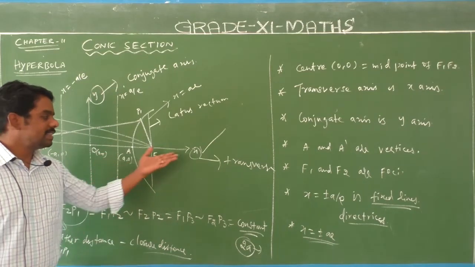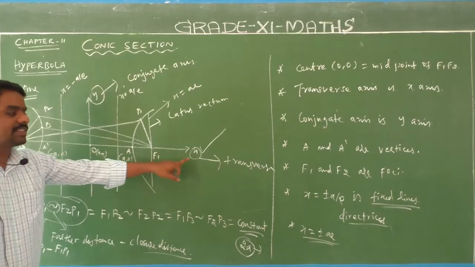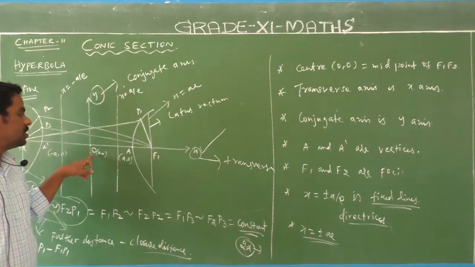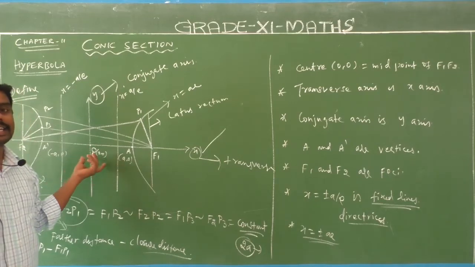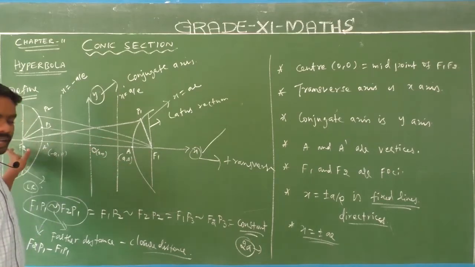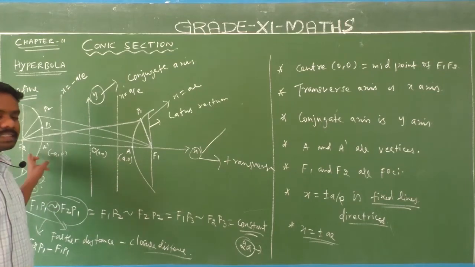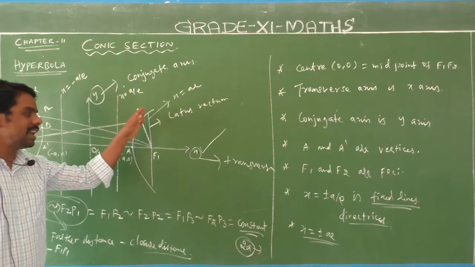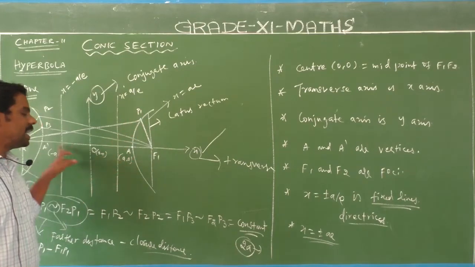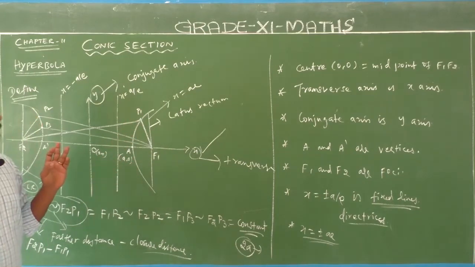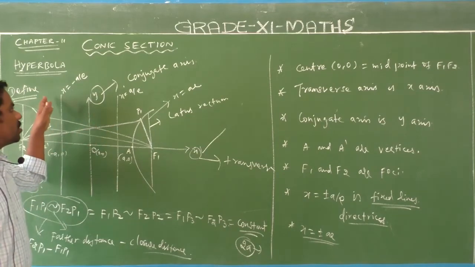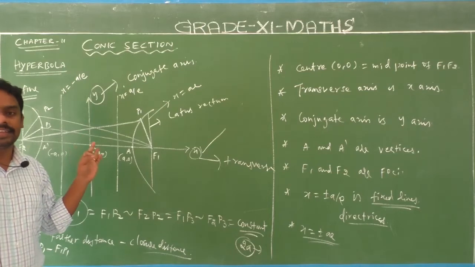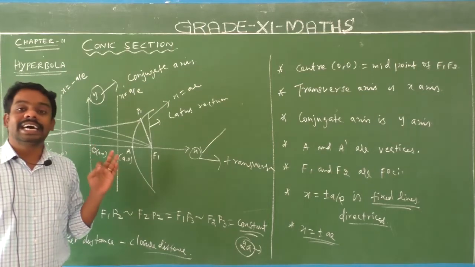Okay, here in this diagram, the x-axis is the transverse axis and the y-axis is the conjugate axis. Origin (0, 0) is the center, the midpoint of F1 and F2. A and A dash are the vertices, the intersections of the transverse axis and this curve. And x equal to plus or minus a by e are two fixed lines, called directrixes.